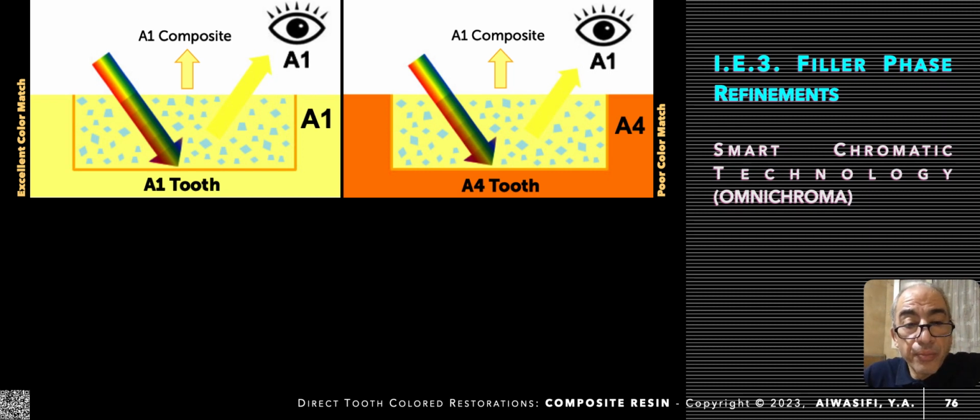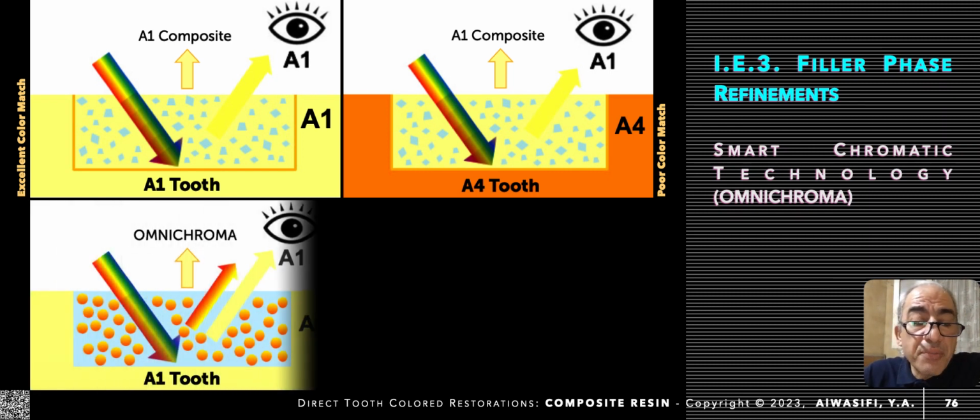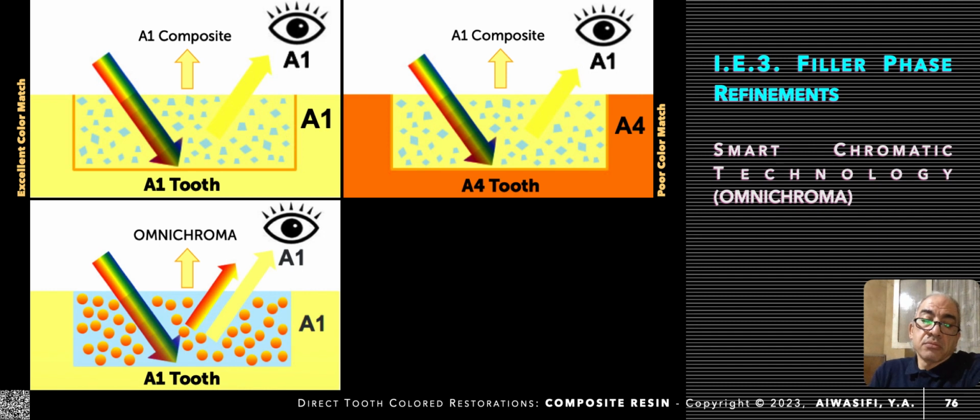While if you use a perfect sized filler, the game now differs. The game now is played by your filler, not by your resin. Your resin is neutral. Your filler is of the same precise size.